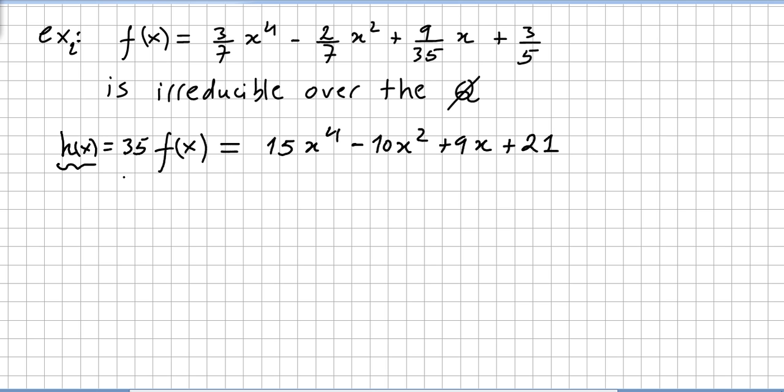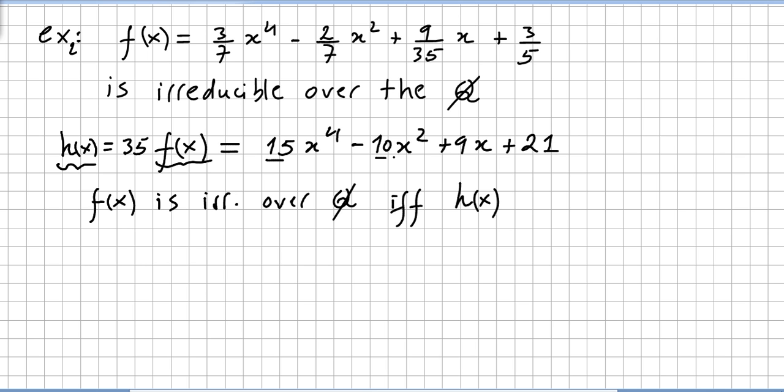So I got h of x from f of x by multiplying by 35. I can say that the polynomial f of x is irreducible over the rationals if and only if h of x, now built with integers, is irreducible over the integers.